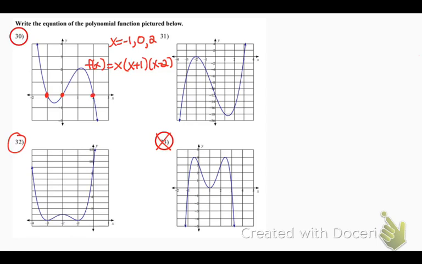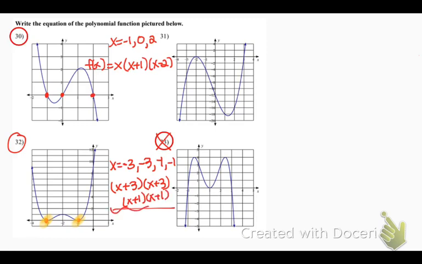On number 32, I only have 2 intercepts, but if you notice, they're both bouncing, which means I have multiplicity 2. So I have x equals negative 3, negative 1, and negative 1. So that means I have x plus 3 times x plus 3 times x plus 1 times x plus 1.